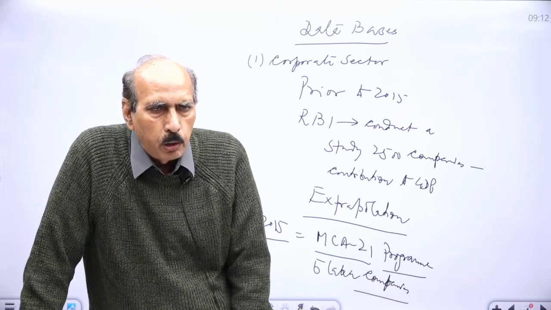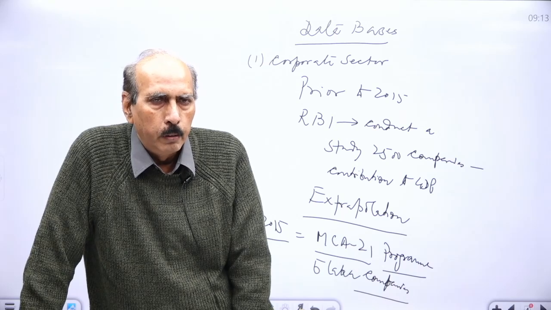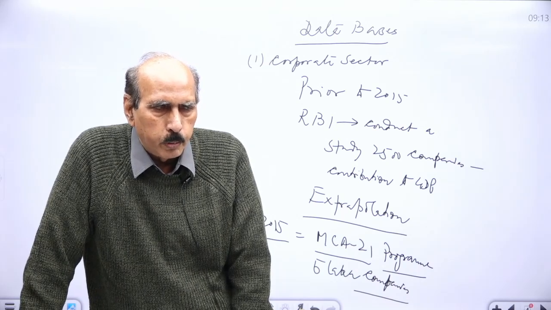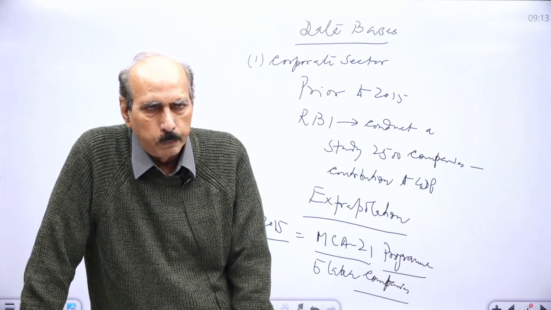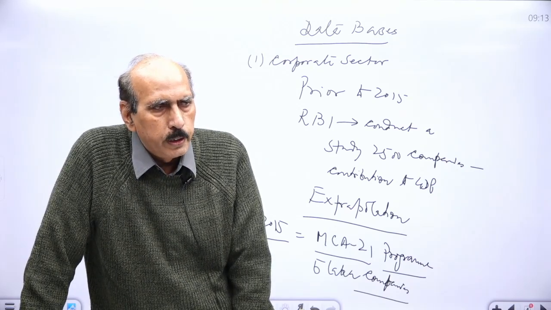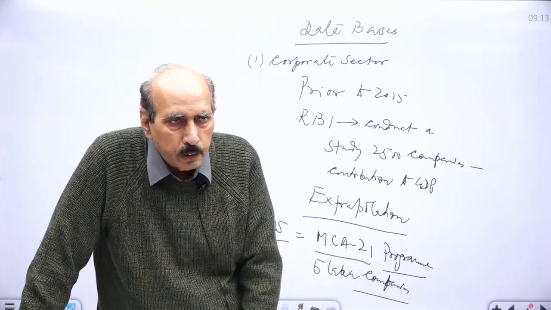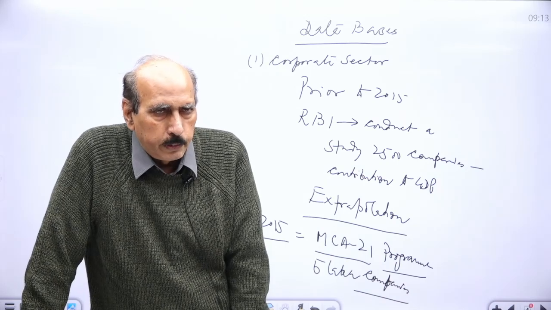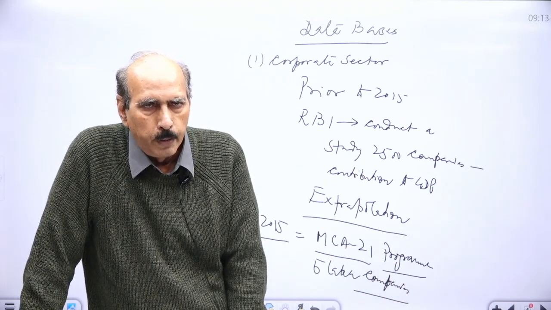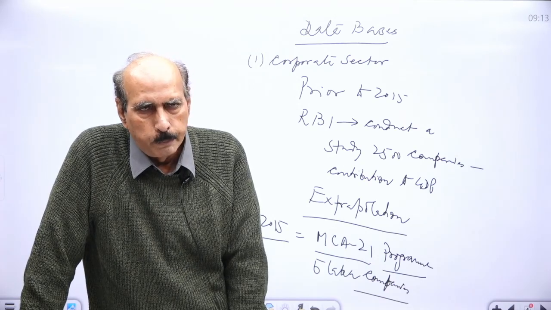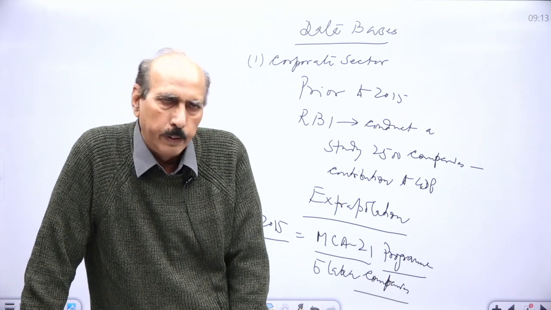Now to have an actual contribution of corporate sector, the MCA 21 program, which is adopted by the Ministry of Corporate Affairs, is giving you the direct figure of the contribution of various companies which are registered. Mind, this is registered companies only. Registered companies are giving the direct figure of their production, and that figure is used by the CSO in assessing the contribution of corporate sector.